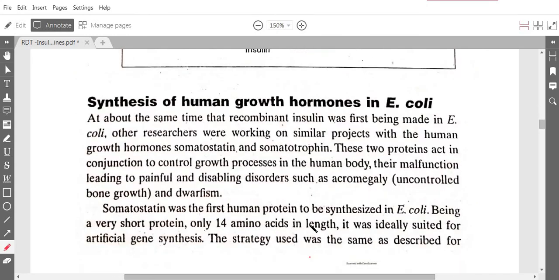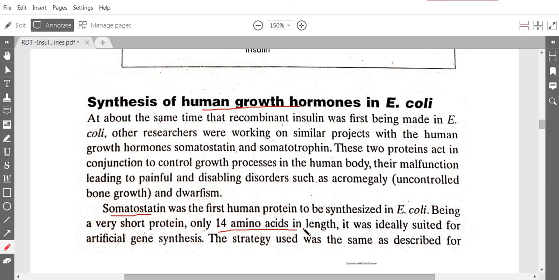In the same way, we can also make the human growth hormone, like somatostatin. Somatostatin is a very small hormone, composed of only 14 amino acids in length. So it is very simple, and there are no chains like A chain, B chain and C chain, only one chain is available.